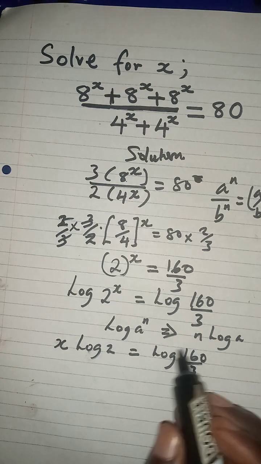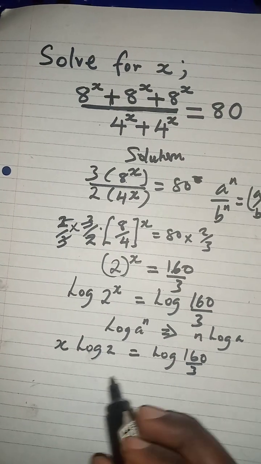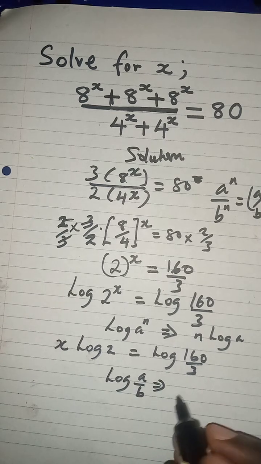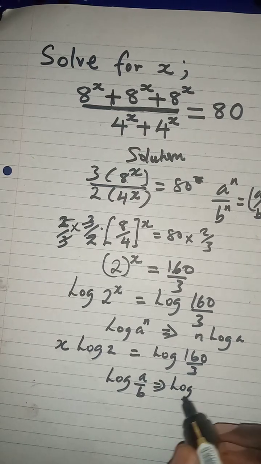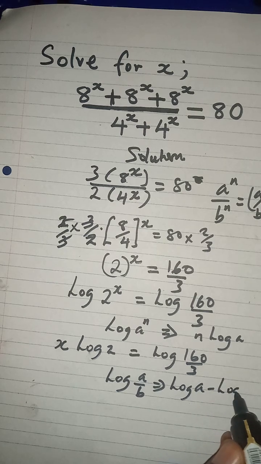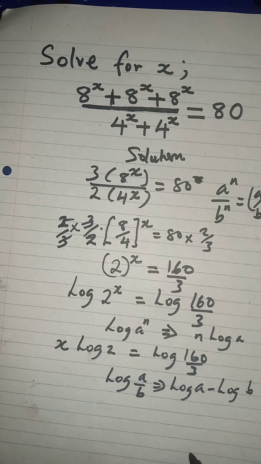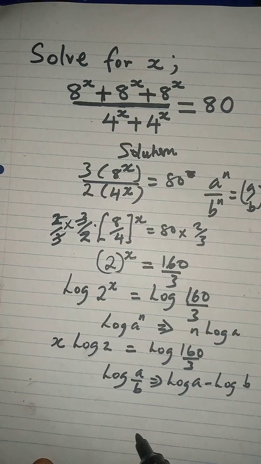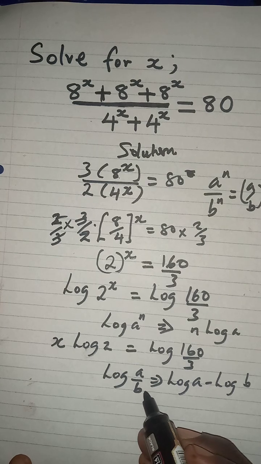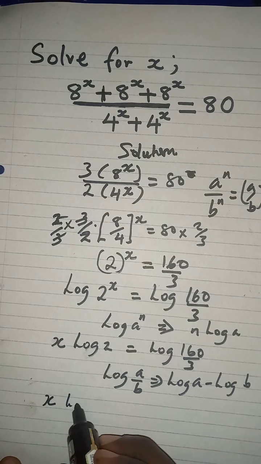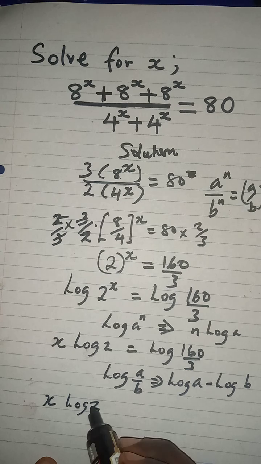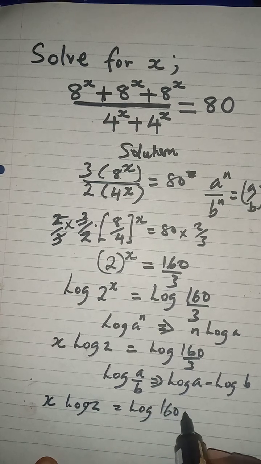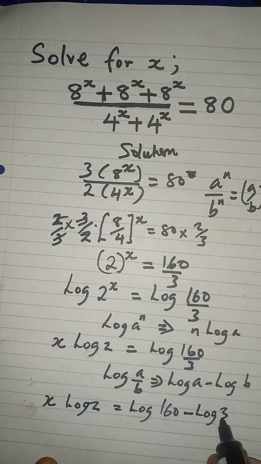And then, of course, you can also recall that when you have the log of a over b, this can simply be written as the log of a minus the log of b. So, using the relationship above, my equation now is going to change to x times the log of 2 is equal to log 160 minus log 3.